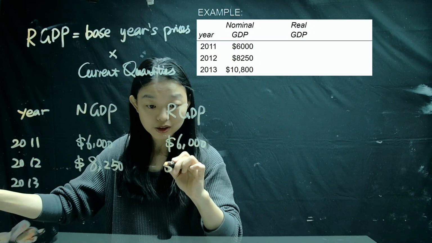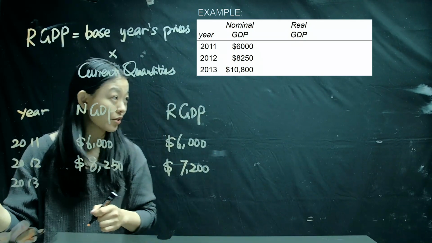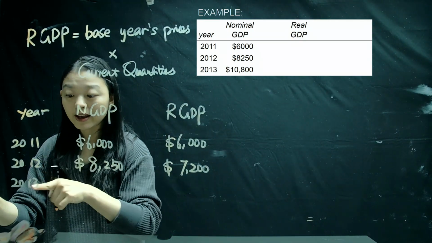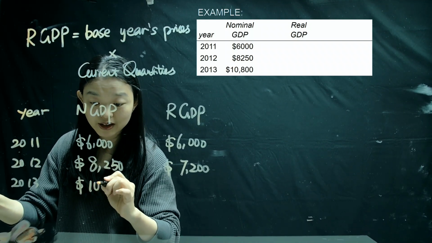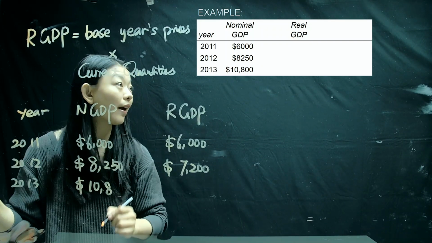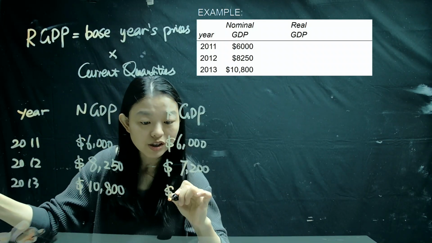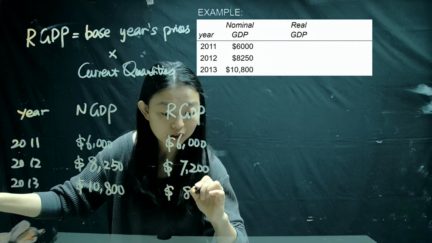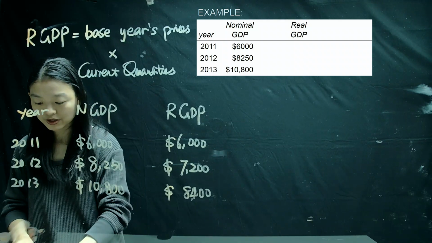But the real GDP, as we just computed, is 7,200. In the year 2013, we have the nominal GDP equal to $10,800, right? However, the real GDP, as we just computed, equals 8,400.